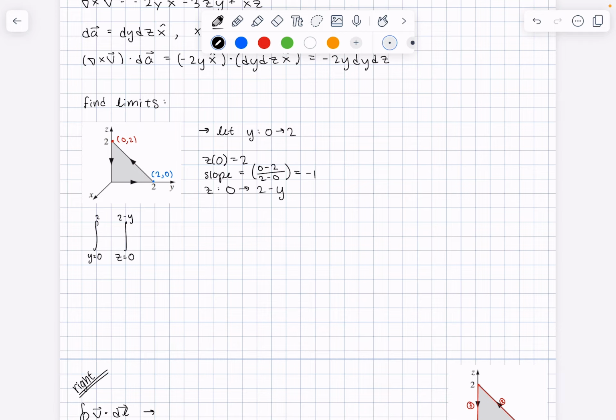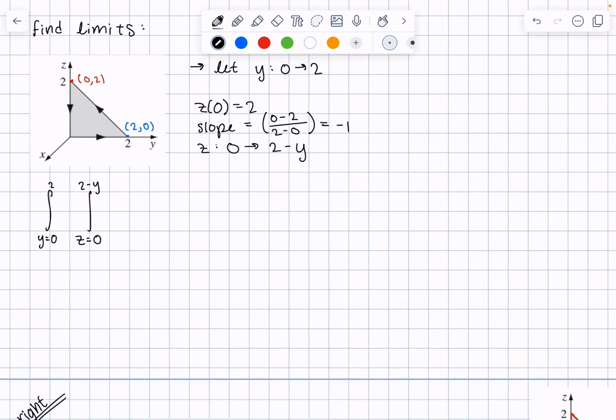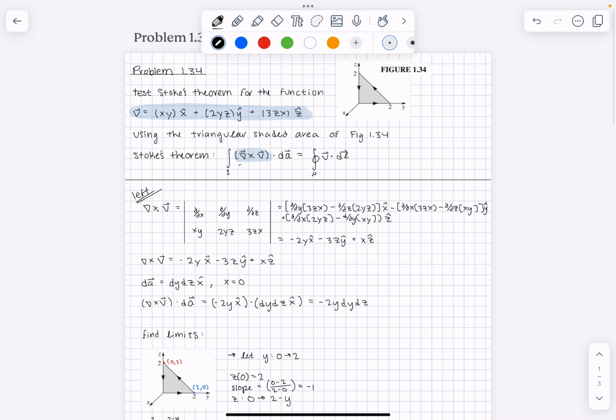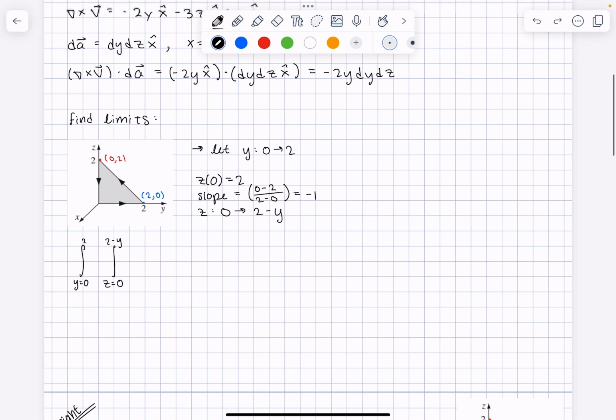We want to keep y in the integral for when we differentiate with respect to y. So now we can write out the whole integral, and we can see from here, we're just going to bring this down. It will be what we found up here, which is going to be negative 2y dy dz.